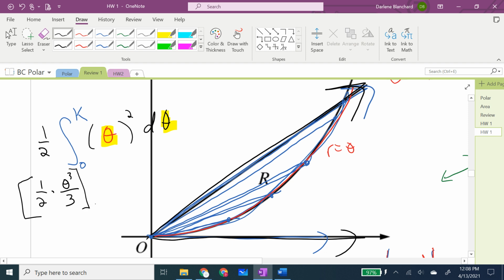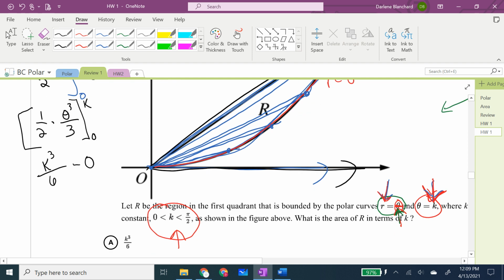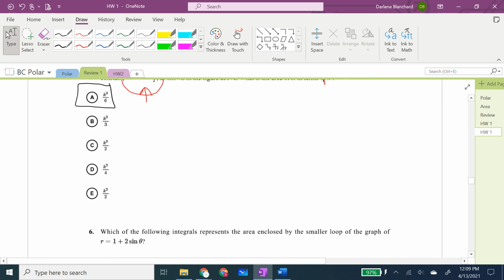And I evaluate from theta equals 0 to theta equals k. When I plug in k, I will get k cubed over 6, and plugging in 0 will give me nothing. And now I've got an answer. You would not spend this much time on it. But I'm trying to also teach you polar while we're doing these problems, unfortunately. But we're getting there.